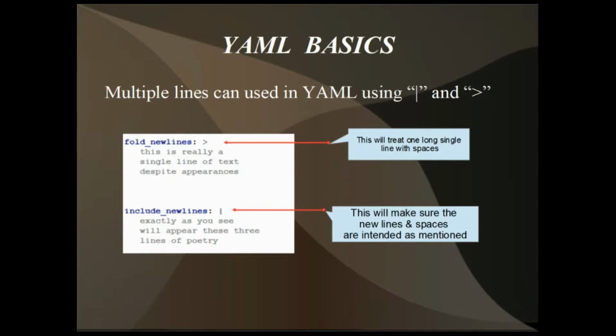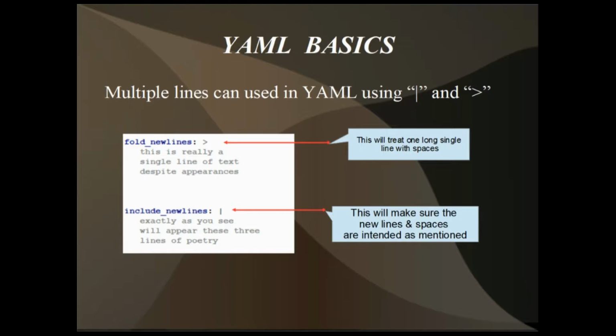The difference between the pipe and the greater than sign you can see in the example is that if you declare a key which has multiple lines in it, and if you have written a greater than sign in front of it, it treats that as one long single line, but with spaces. Even if you have written some special characters in it, it will use spaces to separate that.